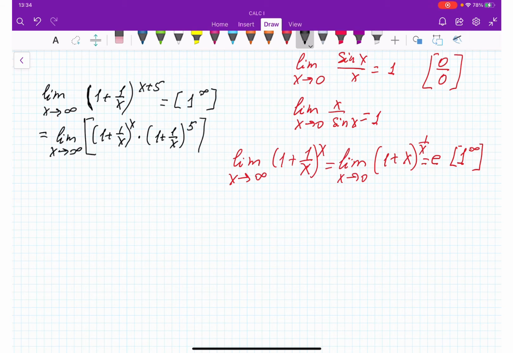Yes? This piece, based on the formula given in red color, is equal to e, correct?